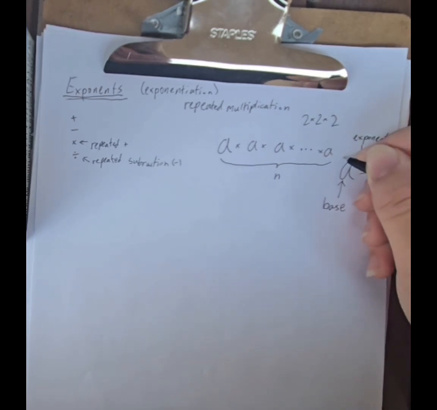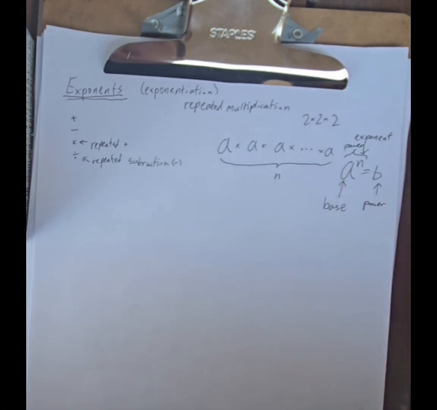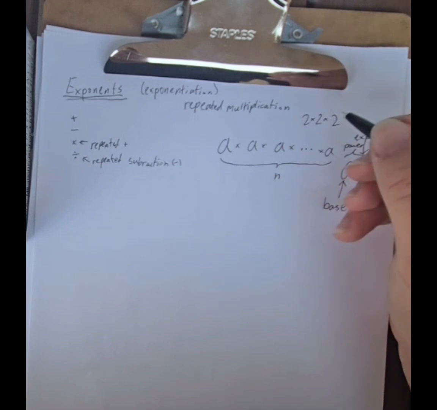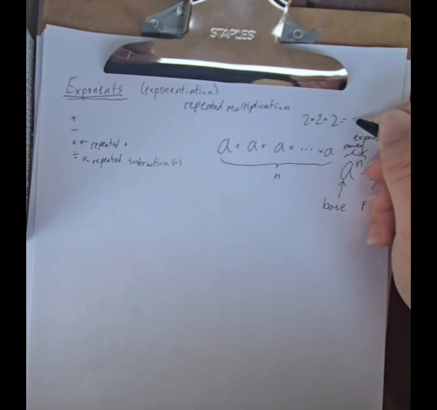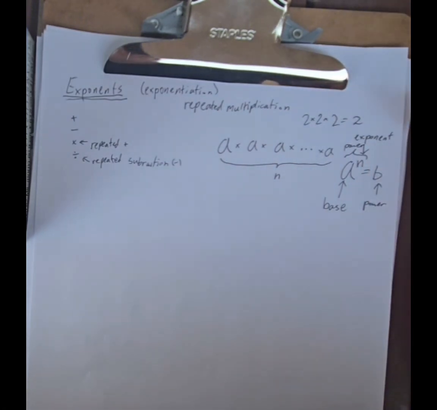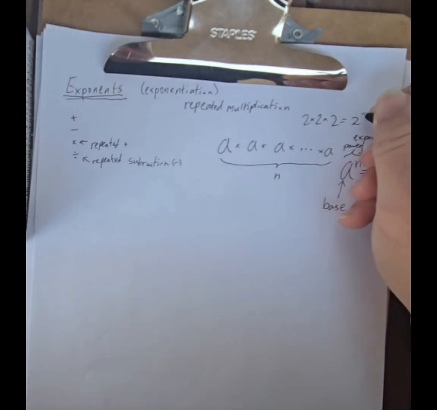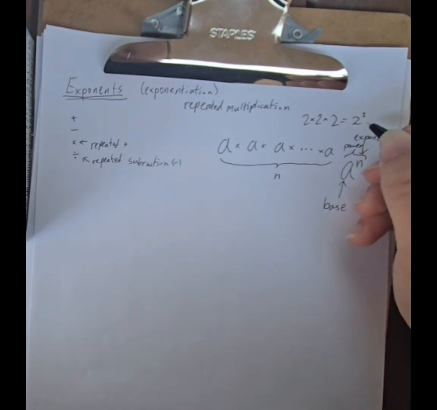On a to the n, this whole thing is also a power. Now these terms tend to get confused together a lot, so I want to clear it up. So going back to our example of 2 times 2 times 2, how can we represent this? Well, the base here is 2, obviously, right? How many times is it being multiplied? 3 times. So we represent it as 2 to the power 3, the little 3 over here.